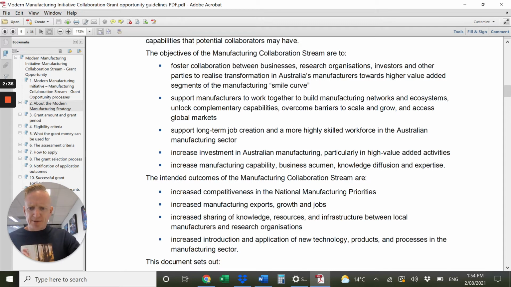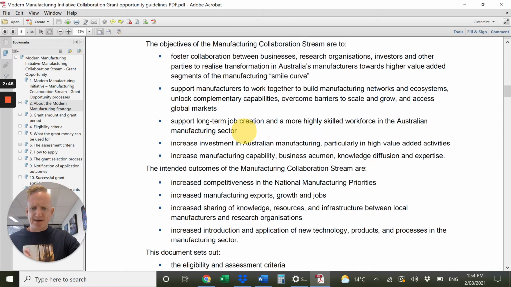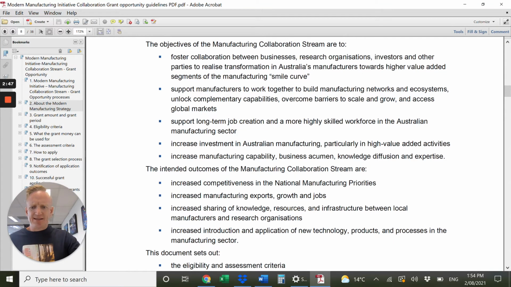And then, so we look at number 2, support manufacturers to work together to build manufacturing networks and ecosystems and unlock complementary capabilities to overcome barriers to scale, grow, and access global markets. So the key there is in accessing global markets. They don't want to be funding a collaboration of Australian companies and they're going to be putting other Australian companies out of business.